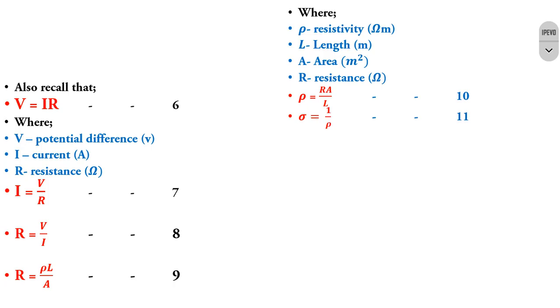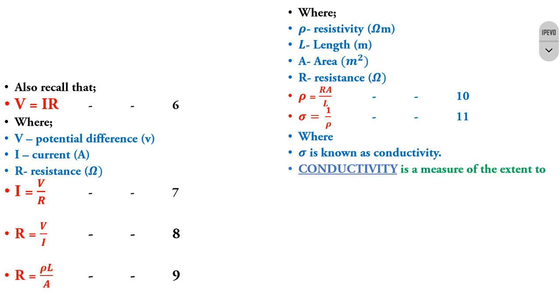But we have that conductivity is the reciprocal of resistivity, where this symbol you're seeing here is known as the conductivity. And conductivity is the measure of the extent to which a material allows current to flow through it.